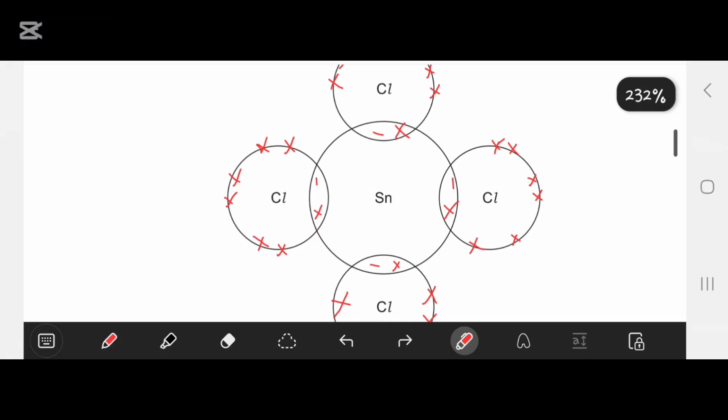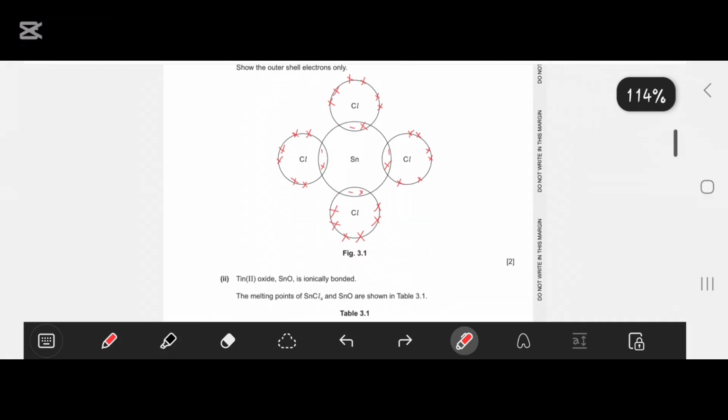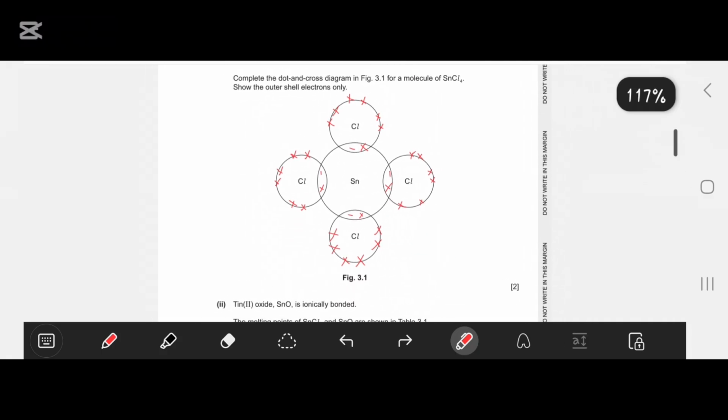Tin also needs 1 electron from each chlorine. With the 4 electrons it has, 4 plus 4, it will have 8 electrons, which is a full outer shell for tin. Remember, this is about only the outer shell electrons while sharing the electrons.